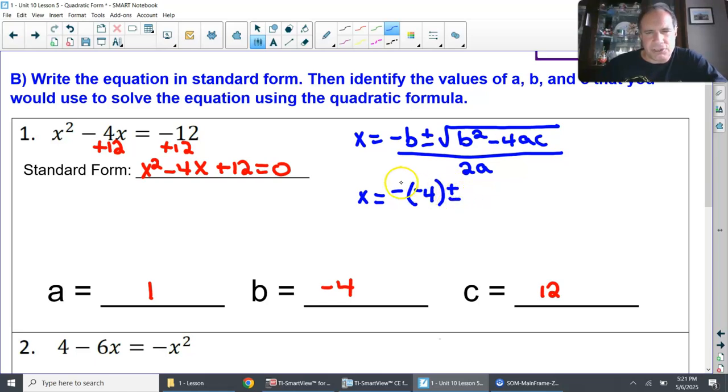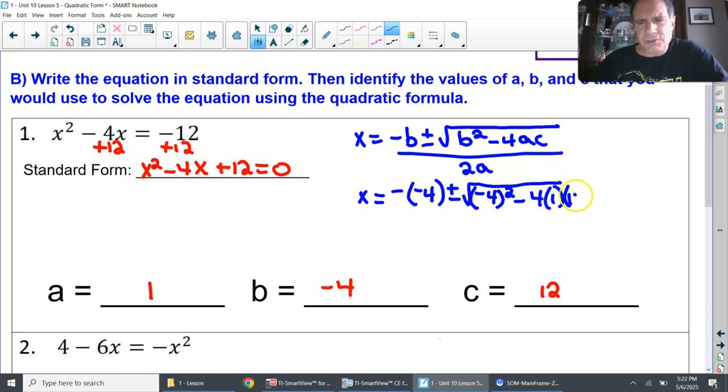But I just wanted to show you that it's negative of a negative, and negative of a negative is positive. So this is plus, then you have the square root of b squared, which is -4. Make sure you put it in parentheses, squared, minus 4 times a, which is 1, times c, which is 12. I'm going to extend that square root. And that's all over 2a, 2 times 1.